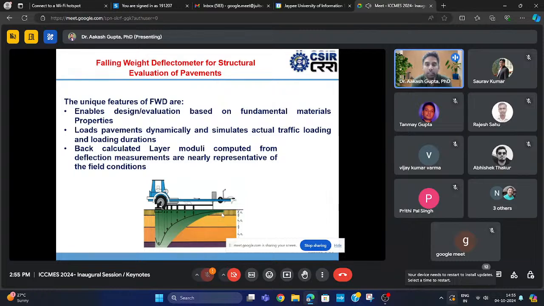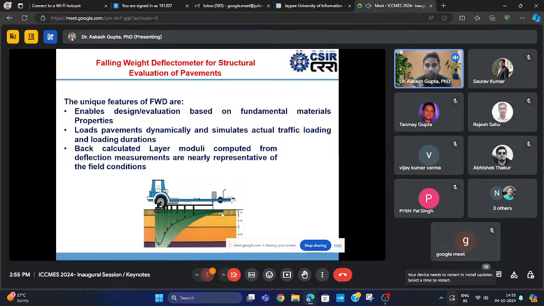If I talk about the major difference between Benkelman beam and the falling weight deflectometer: in BBD we apply static loading. We use a loaded truck, the truck moves through some distance, and we measure the rebound deflection. Also, that code was developed in the 90s, and it was IRC 81.